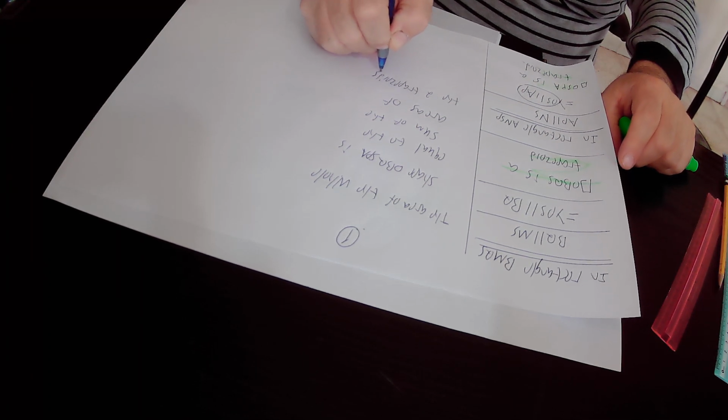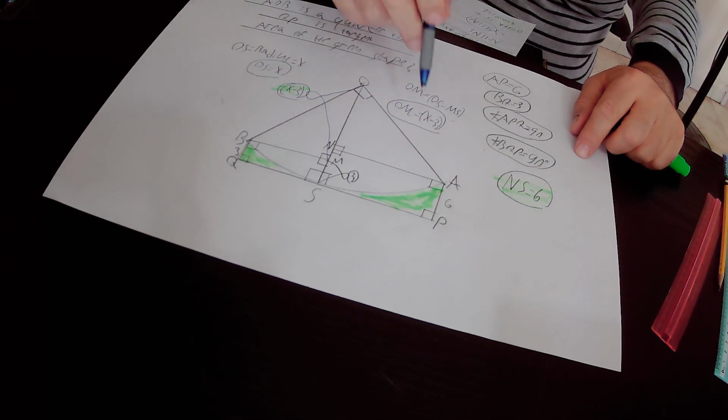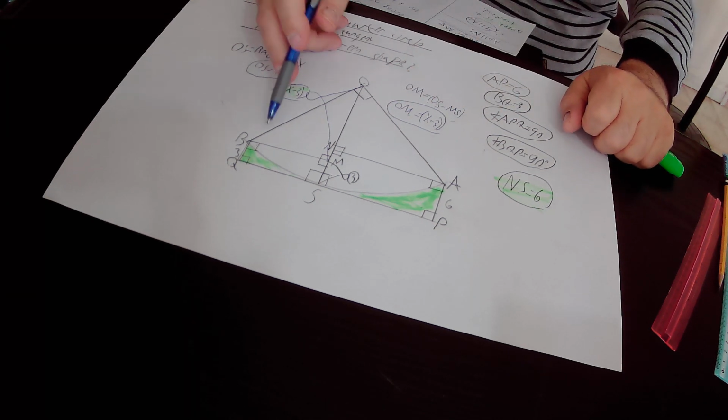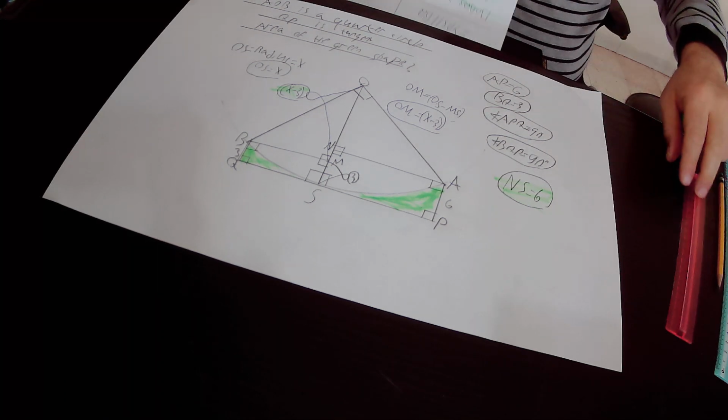Why? Because this whole shape consists of exactly those two trapezoids, trapezoid OBQS plus trapezoid OSPA.